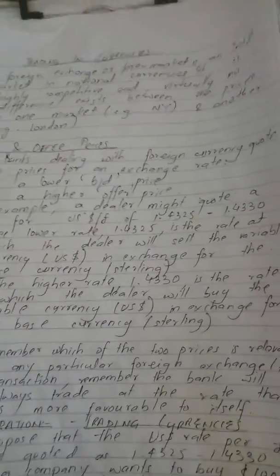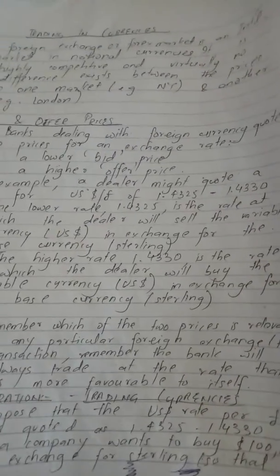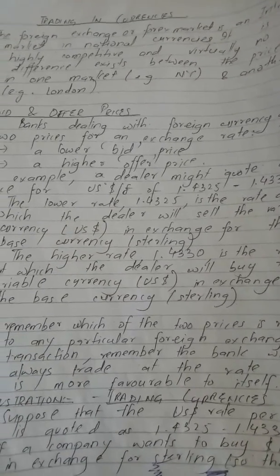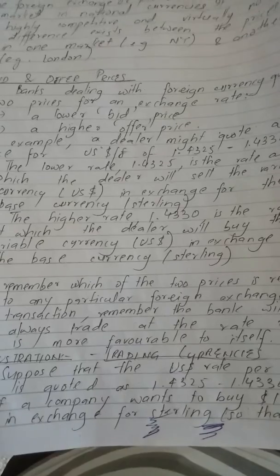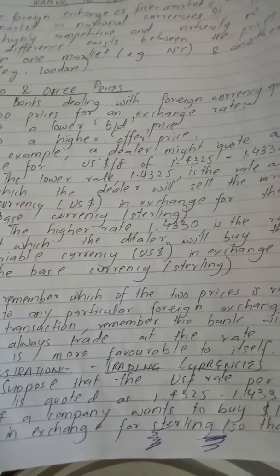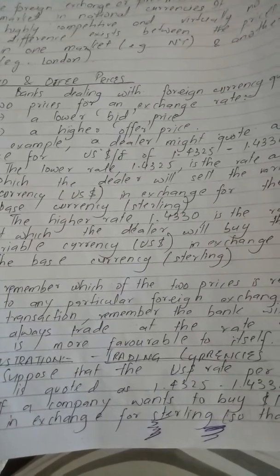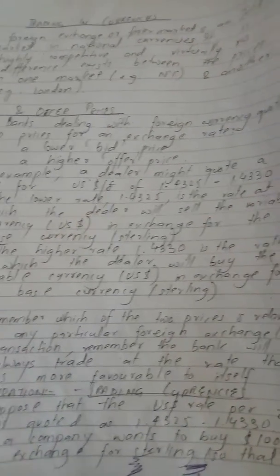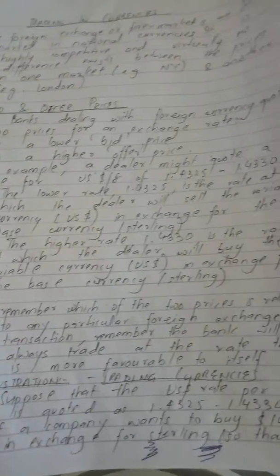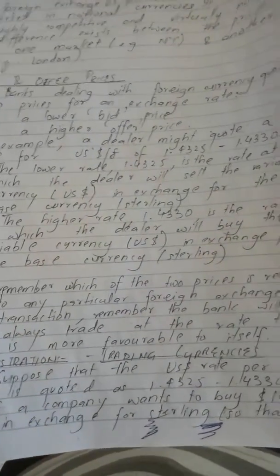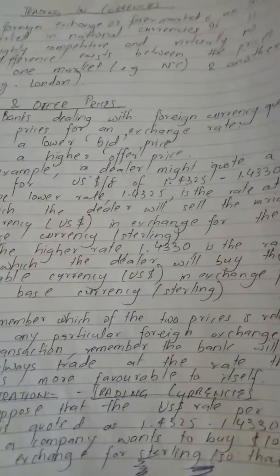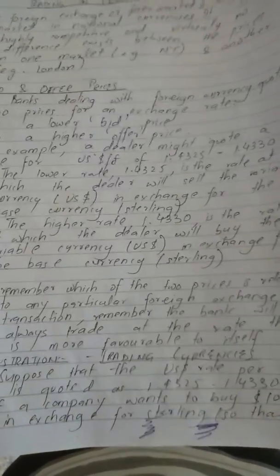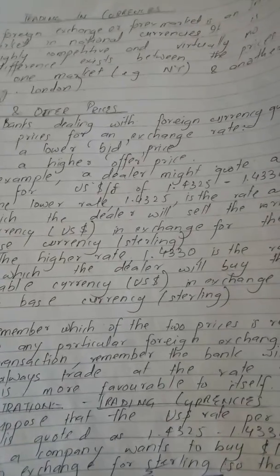That would be a lower bid price when he is going to sell, taking a lower amount, and the higher offer price would be offered by the bank when he is going to buy. The higher one is the rate at which the dealer will buy the variable currency in exchange for the base currency. That is when the dealer is buying, the high rate offer price by the bank.